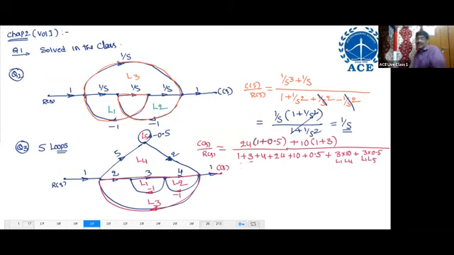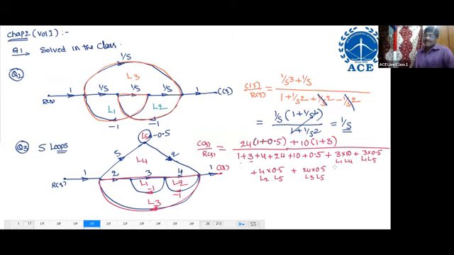Next L2, L3 touching, L2, L4 touching, L2, L5 non-touching. L2, L5 means 4 into 0.5. Next, L3, L4 touching, L3, L5 also non-touching. L3 is 24, L5 is 0.5.